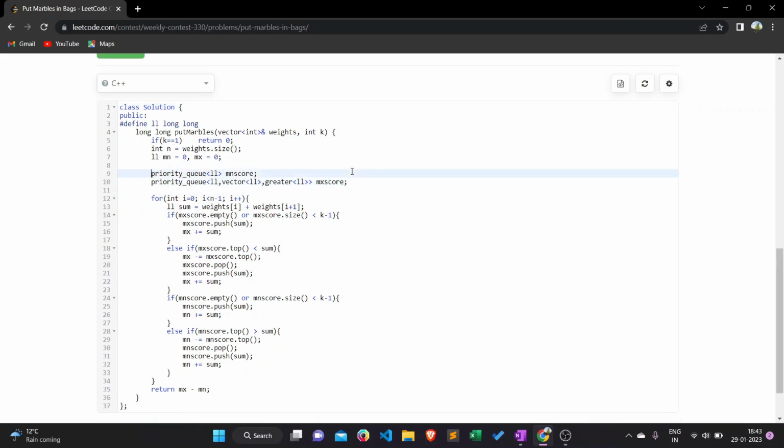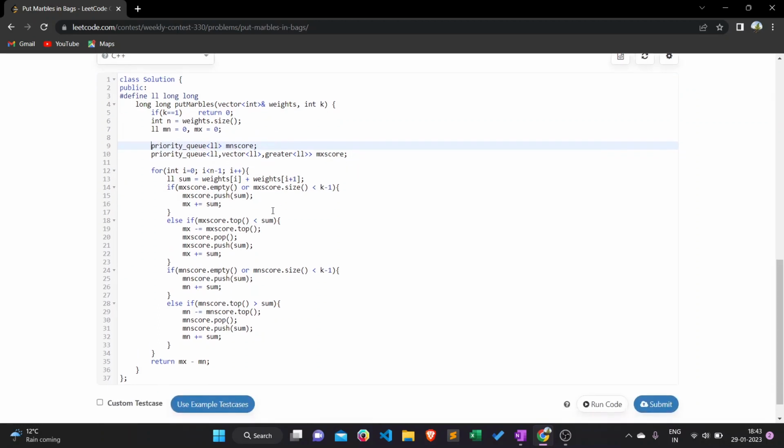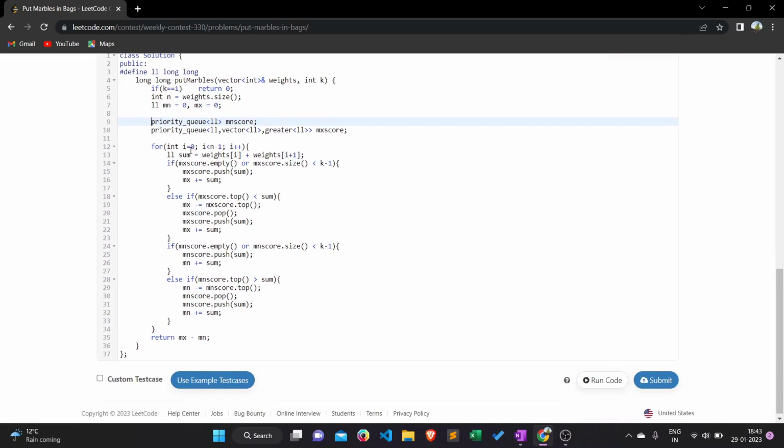Now we are traversing from 0 to n minus 1, and we are calculating the adjacent pair sum in some variable. We check if there are currently fewer than k minus 1 elements in the priority queue, because for k we have k minus 1 transitions. So we push and update the sum.